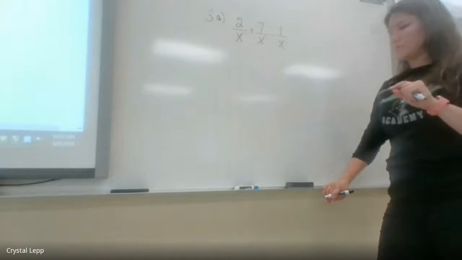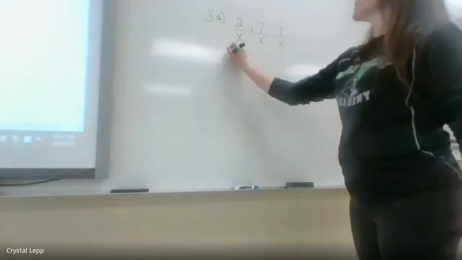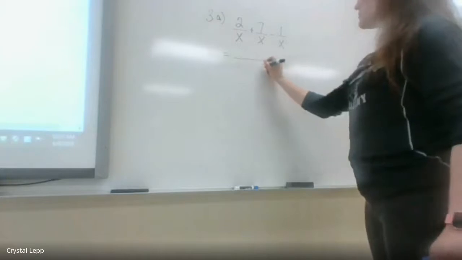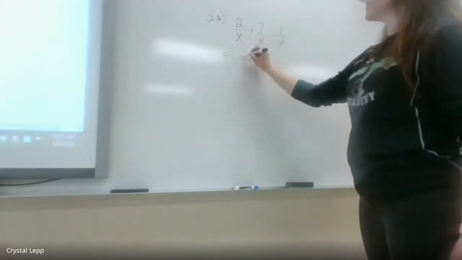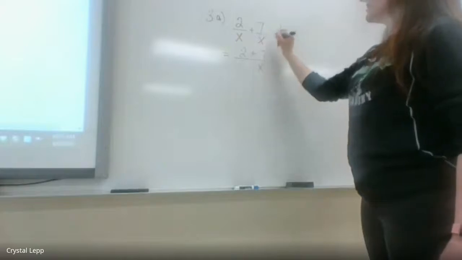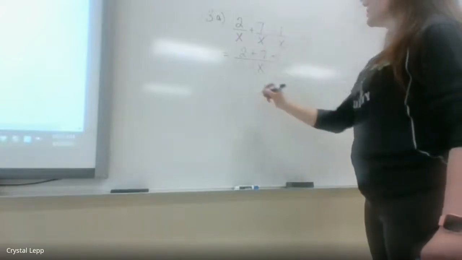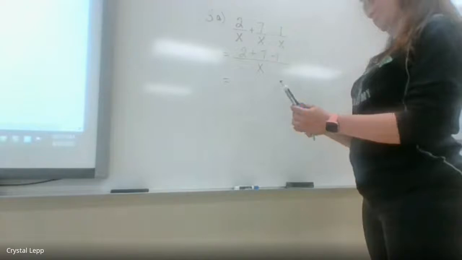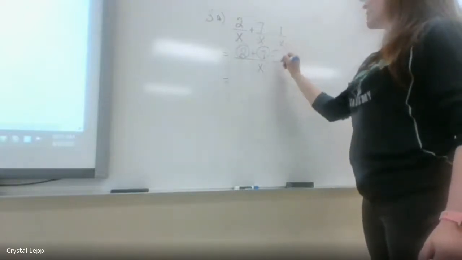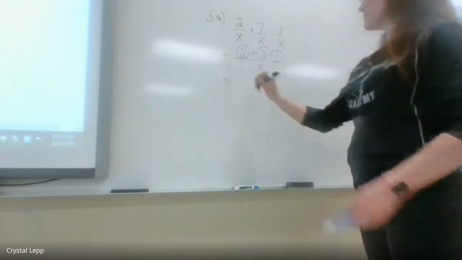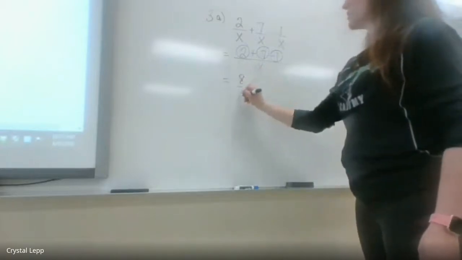So since we have a common denominator, we can write them all over x. And then we just rewrite our numerator on top. So we get 2 plus 7 minus 1. Collect like terms. 2 plus 7 is 9. Minus 1 is 8. So I get 8 over x.